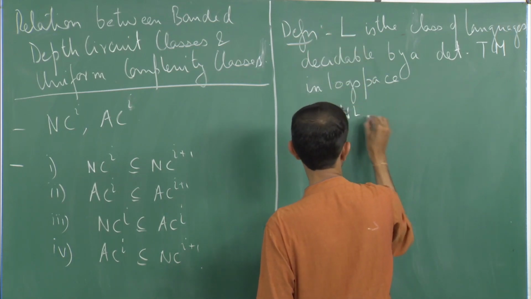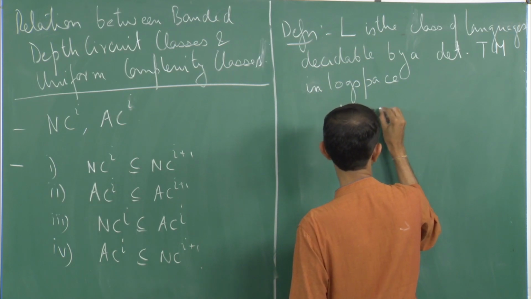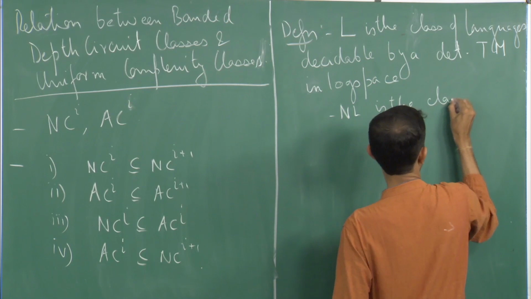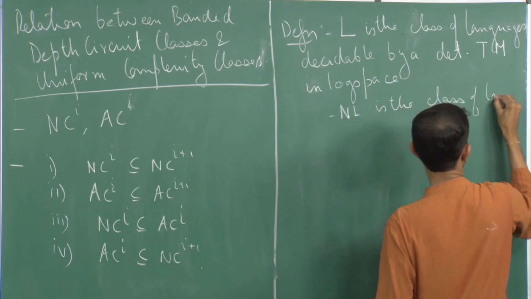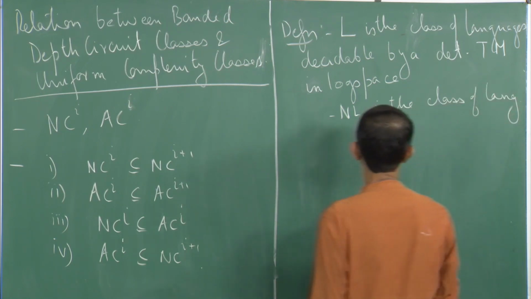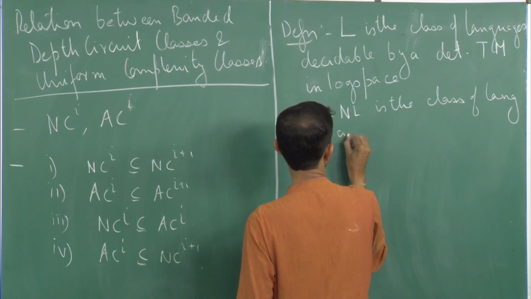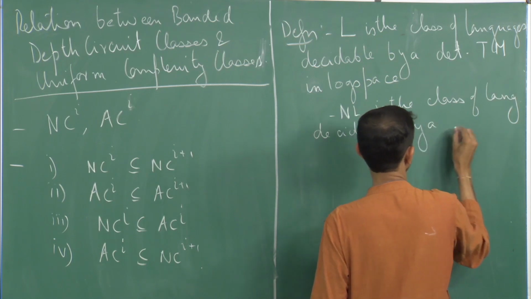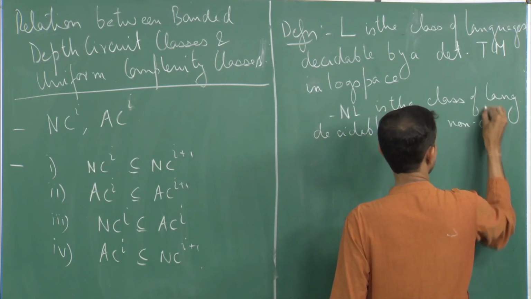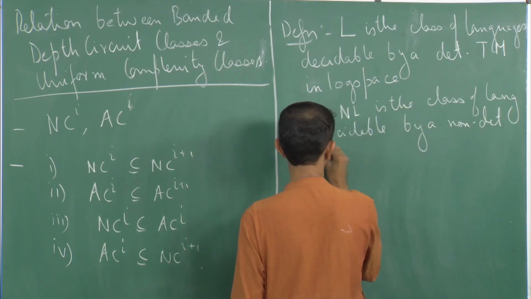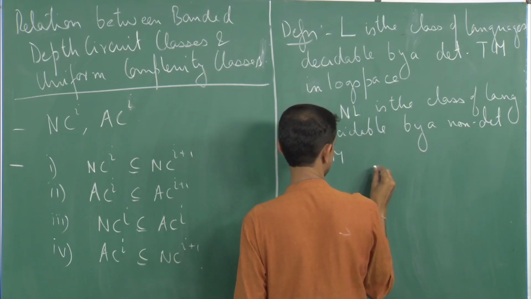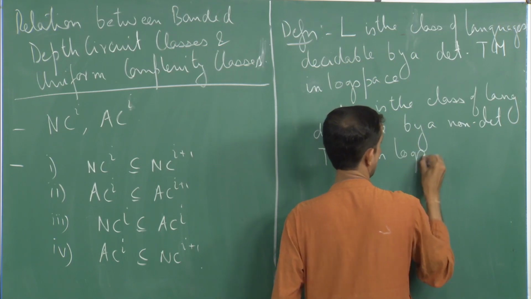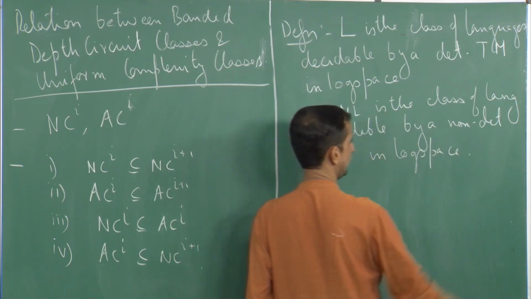Similarly, we have NL, which is a class of languages decidable by a non-deterministic Turing machine running in log space.